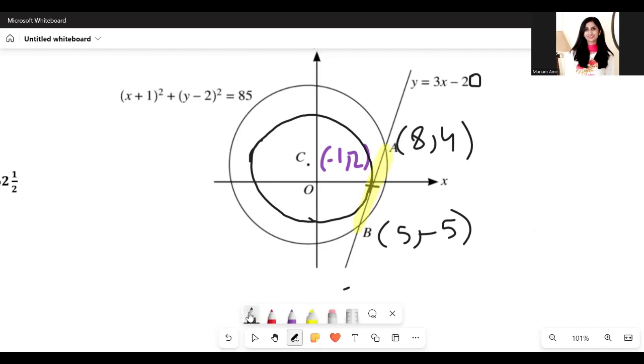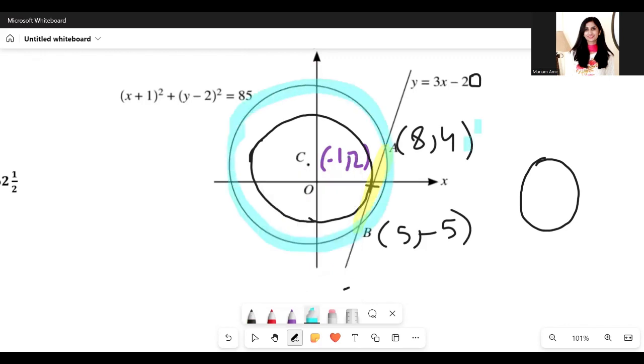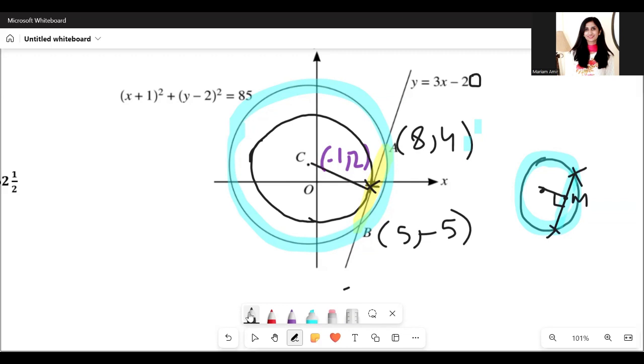Now let's use the circle property from O levels: if there's a chord, and by the way, we're looking at the bigger circle, this one. Here's a chord. And if a line from the center of the circle is perpendicular to the chord, then this is the middle of these two points. So this point should be the midpoint of A and B, and this would be a 90-degree angle.